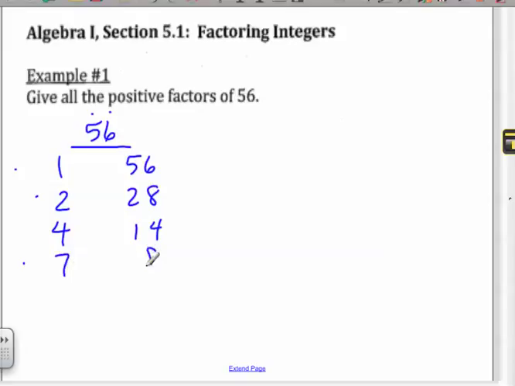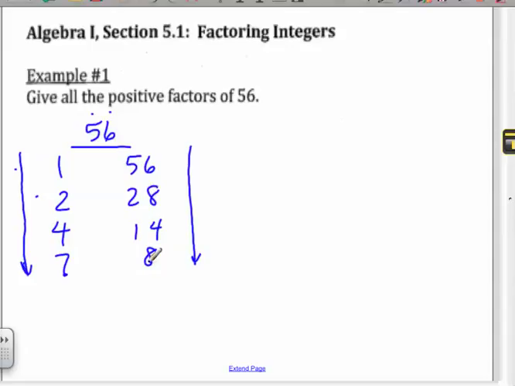7 times 8. Now guys, whenever I'm doing these columns, you'll see I'm sort of asking about the numbers on this side. Okay? And then I'm pairing them with the numbers that give us 56 on that side. But once this number at the bottom reaches that number at the bottom, I don't have to keep going. Okay?